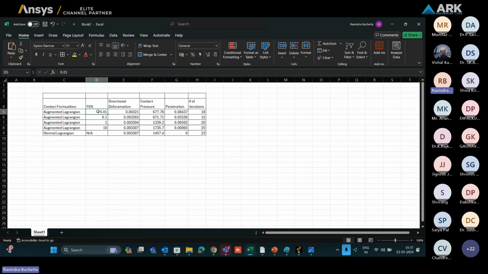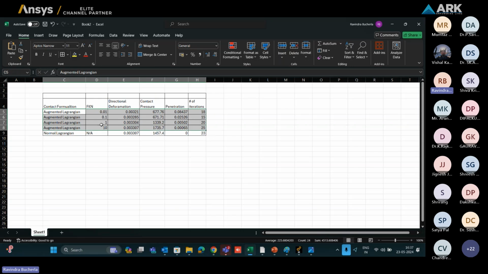If I give the N value 0.001, you can see the difference in the penetration. It means if we decrease the N value, the stiffness will decrease, and it will lead to more penetration. The penetration between the surfaces will be more if the stiffness is very low, and if the stiffness is more, the penetration will be less in the augmented Lagrangian.